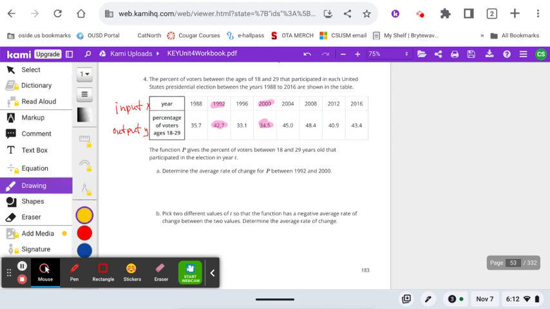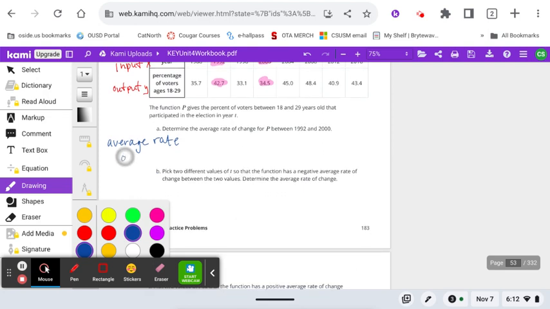And so again, we've been talking in this chapter about the slope formula, but now we're talking about average rate of change, which is talking about the change in y over the change in x, like the slope formula, but we are talking about functions.